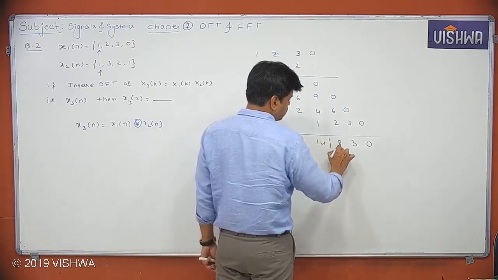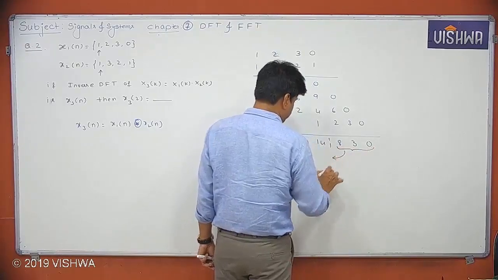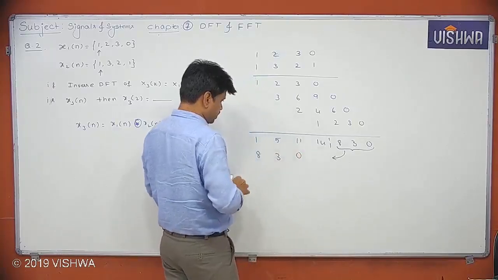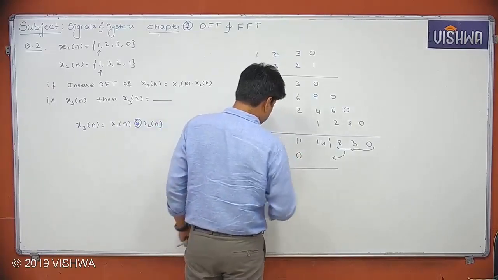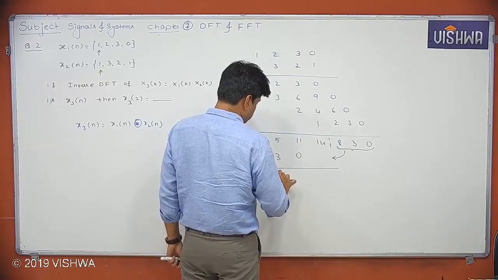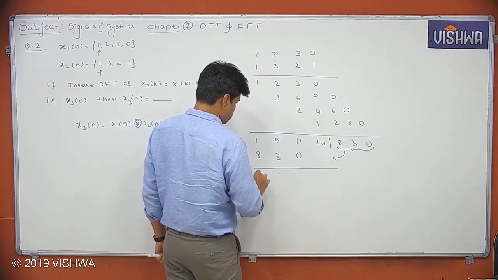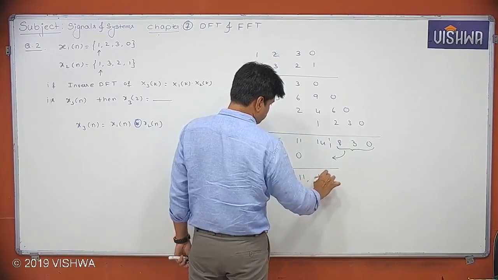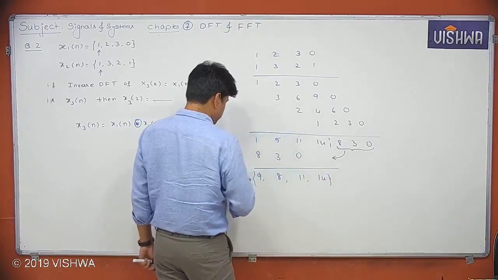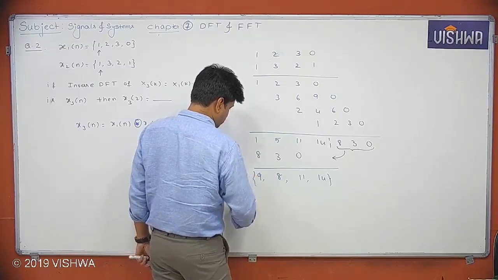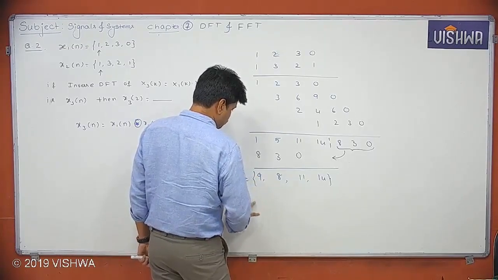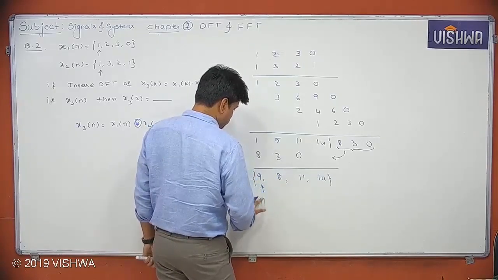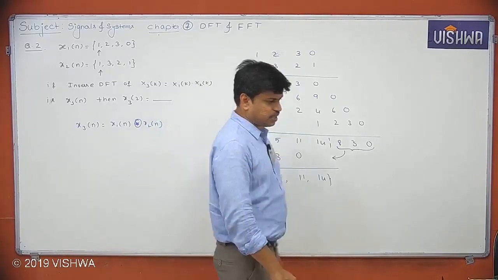So after 4 samples, we take it blockwise and add 8, 3, 0. If I add that, we get 9, 8, 11, 14. So this is x3 of n. So in that, x3 of 2: the first sample is n equal to 0, 1, 2. That is 11. 11 is the correct answer. Clear or not? Take it.